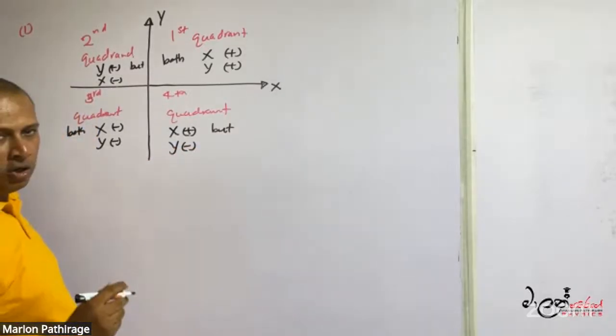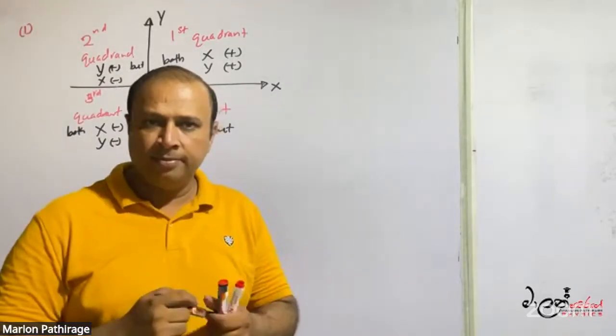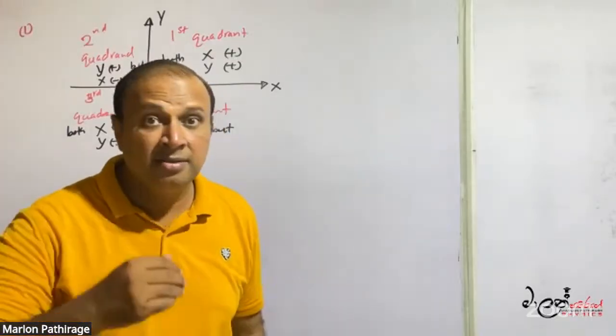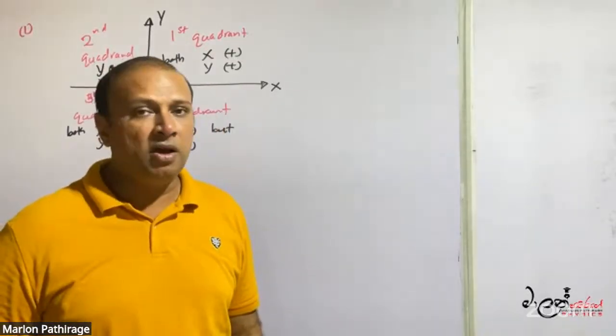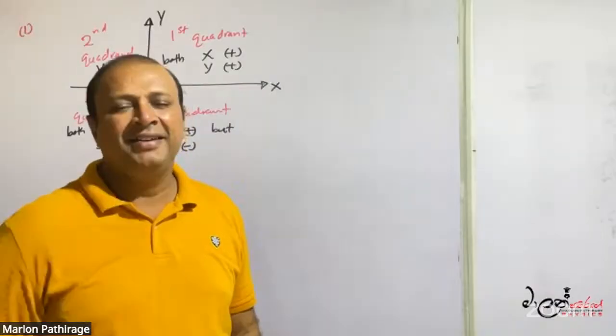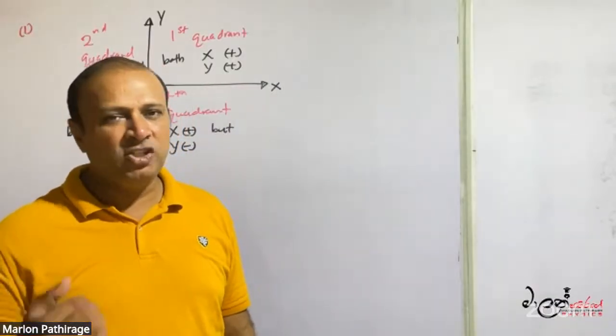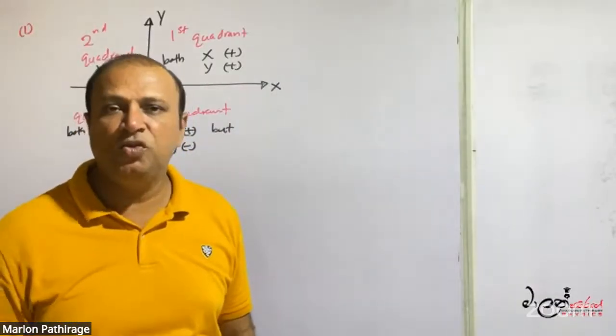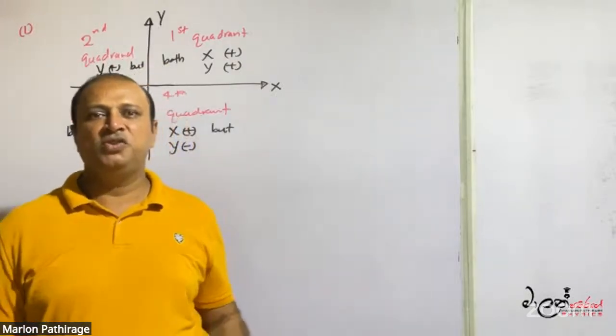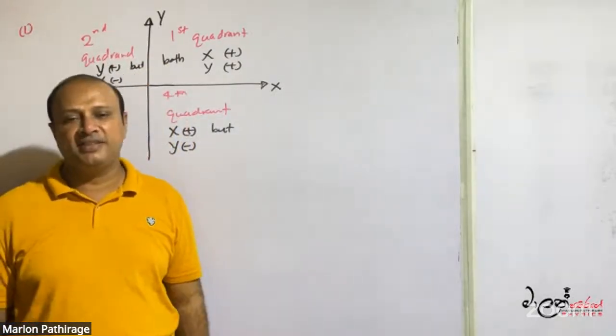Therefore, you can determine the appropriate quadrant using the points. Points means coordinates, using the sign of coordinates.